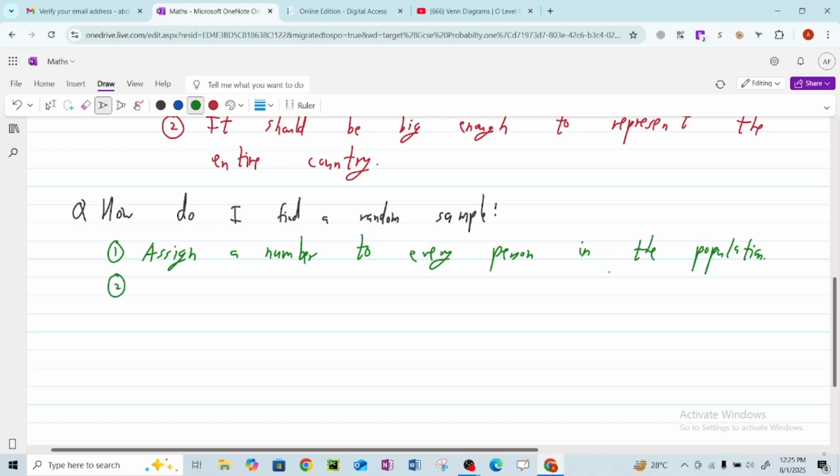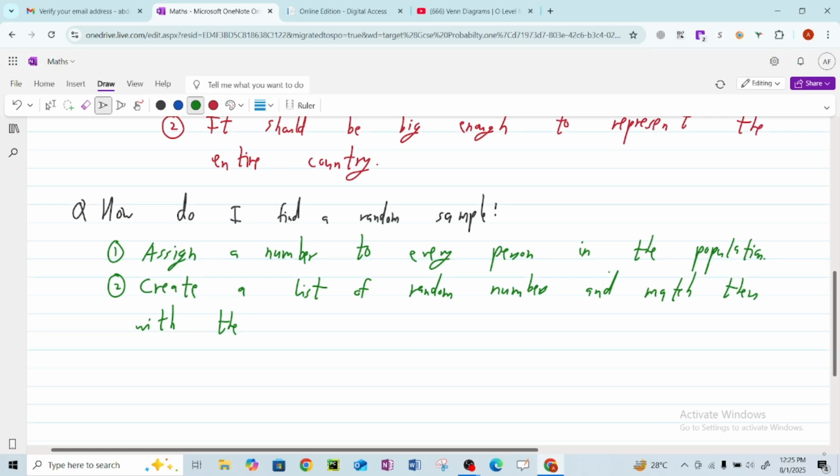Secondly, create a list of random numbers and match them with the people from the population, okay?